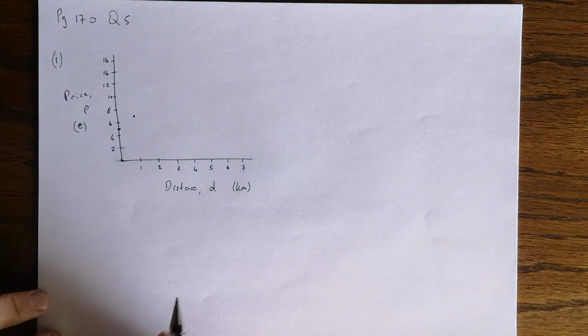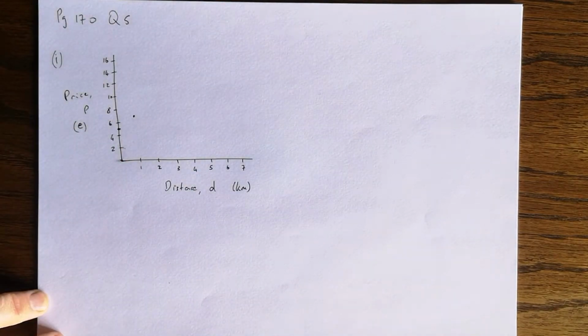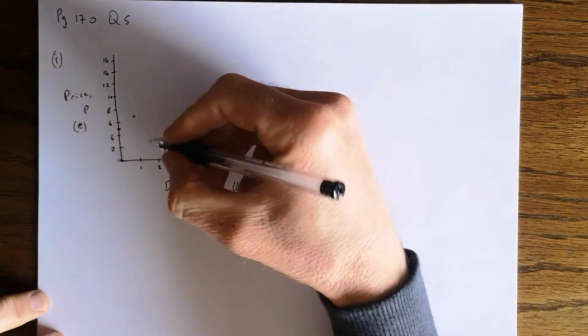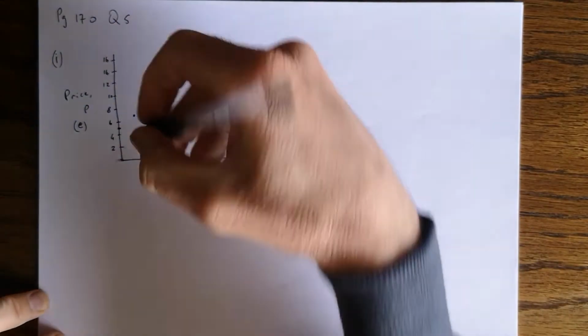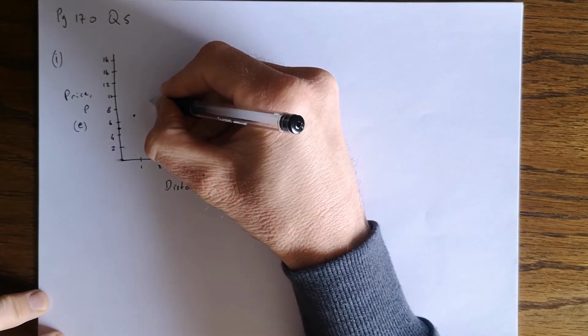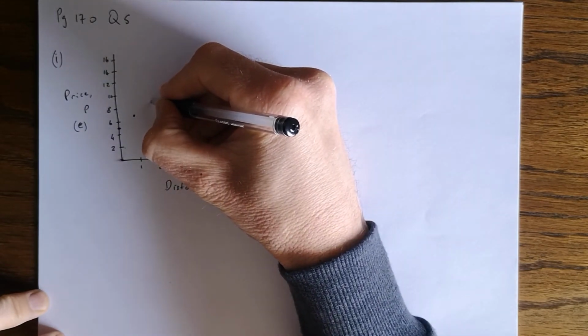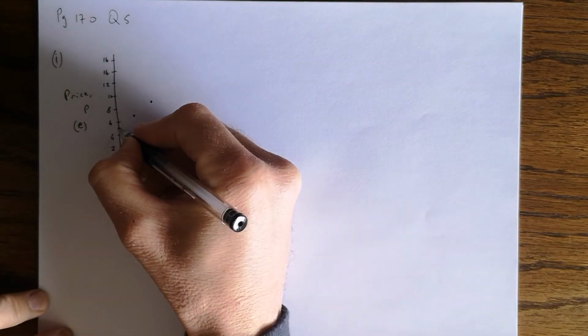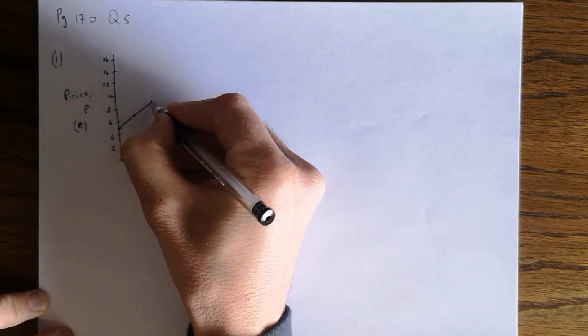And then if we go 2 kilometres, it will charge €4 plus the €5, so it'll go up to 9. So it'll be up here like this. You can see it's going to be a straight line, so we can just join the dots and continue that line.